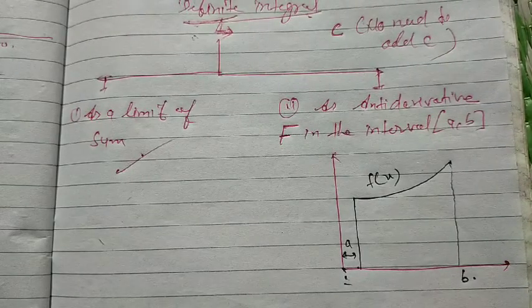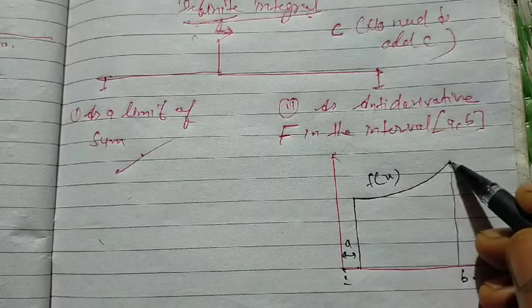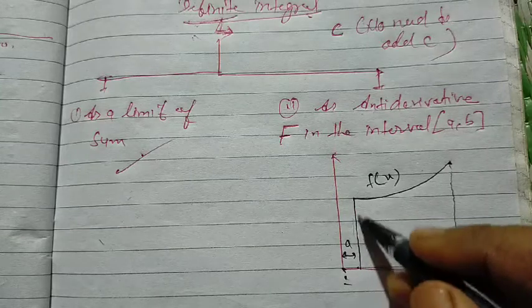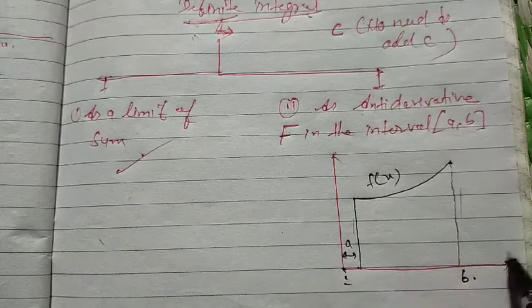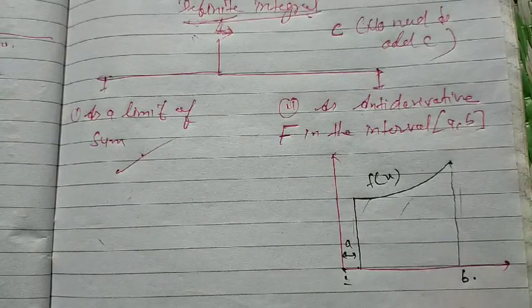I have to find the area bounded by this curve, x equal to a and x equal to b, and the x-axis. Between these, this region's area we have to find.